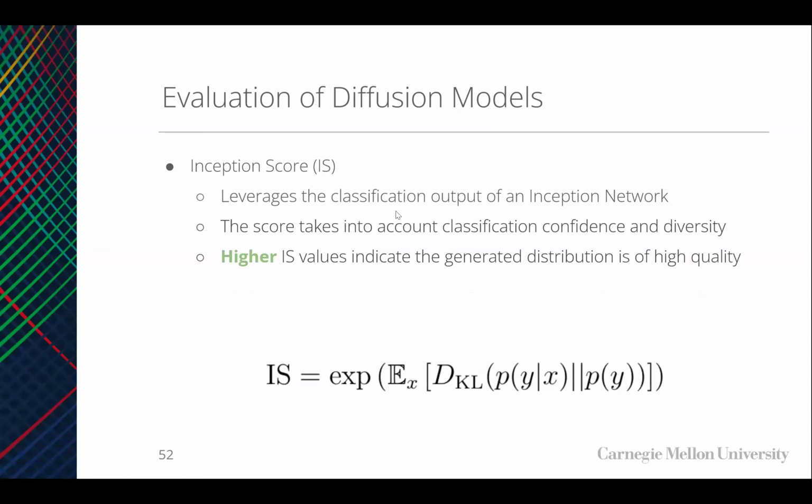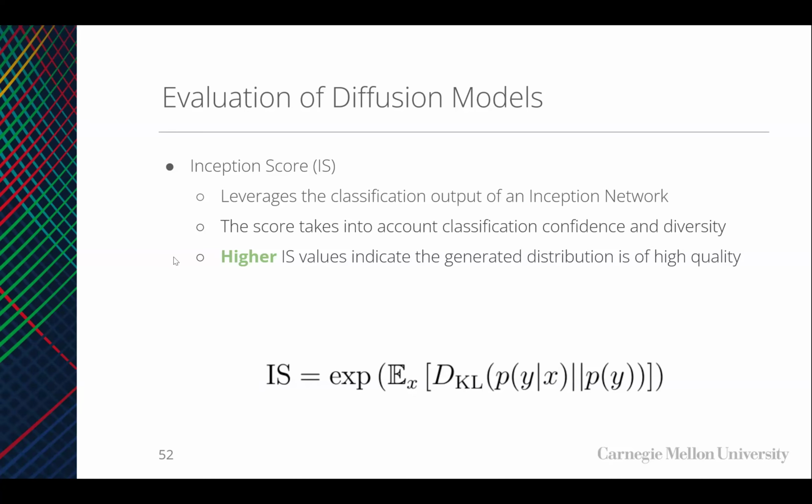Secondly, we also use the Inception Score. This leverages the classification output of the Inception network, unlike the latent distribution, which is what we saw earlier. And this score takes into account classification confidence as well as diversity. Again, these are important metrics to know how well we have generated an image or how diverse our images are.